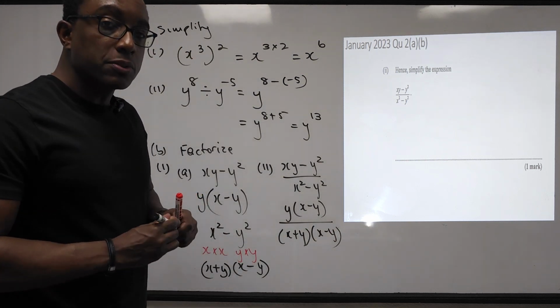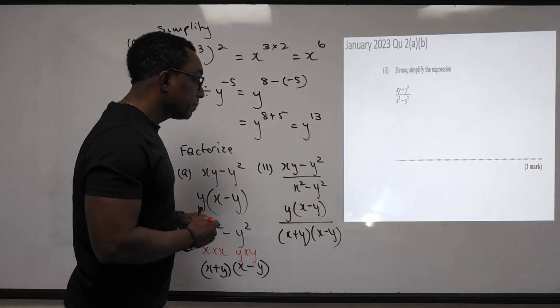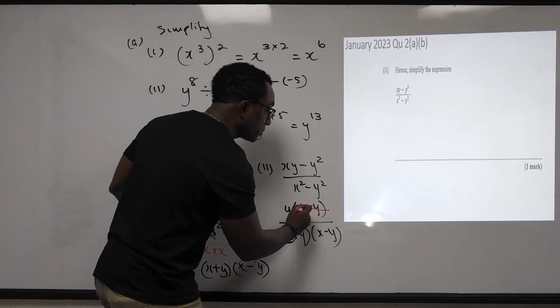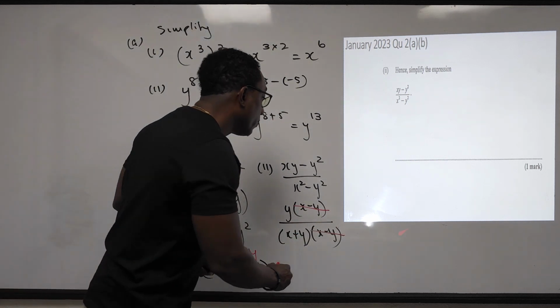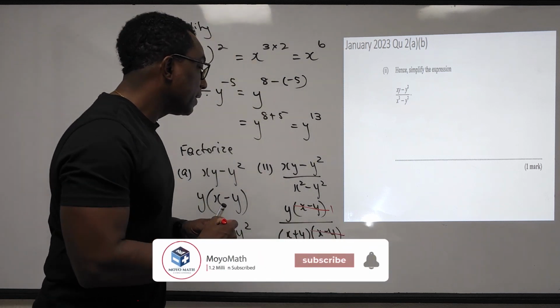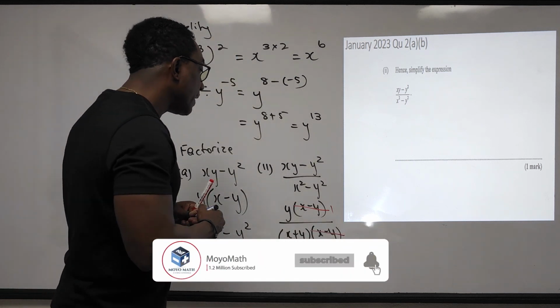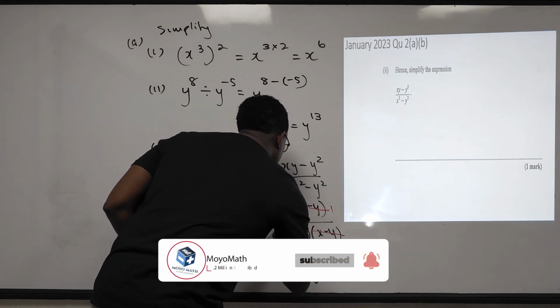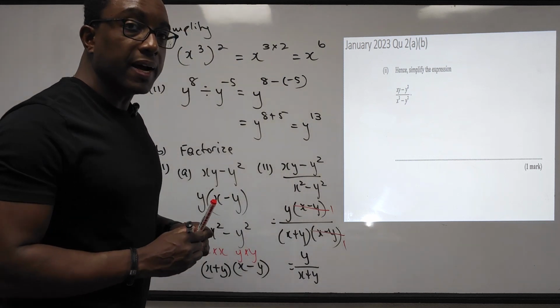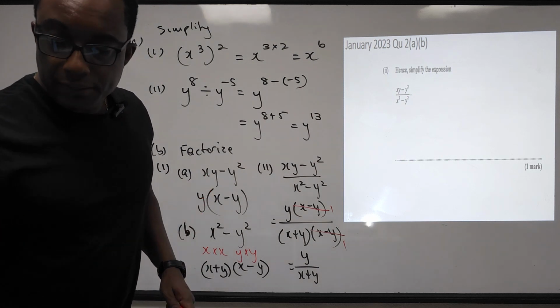And what we can do at this point is simplify by simply dividing x minus y into itself. So x minus y into x minus y is 1. And we're going to be left with y over x plus y. And we have simplified it. Let's move on to the next.